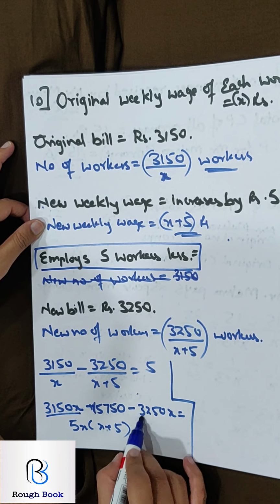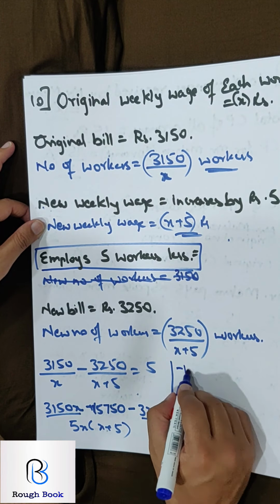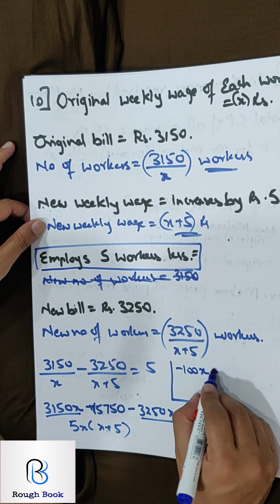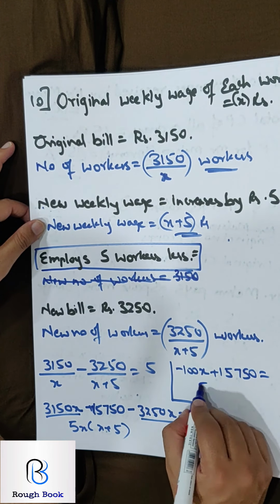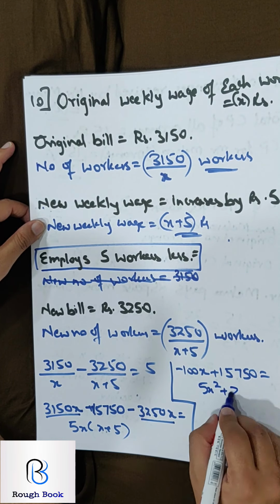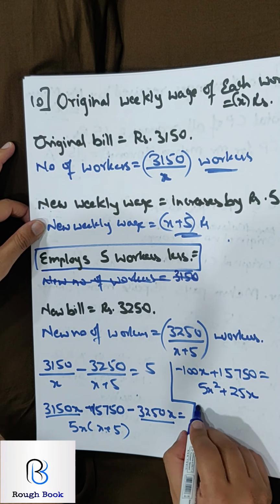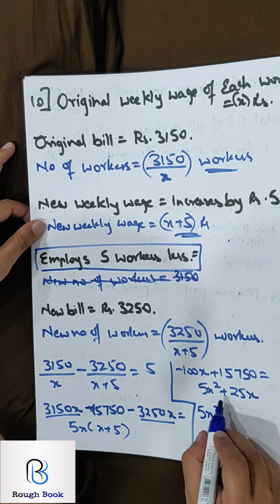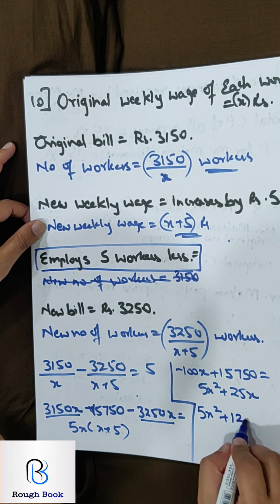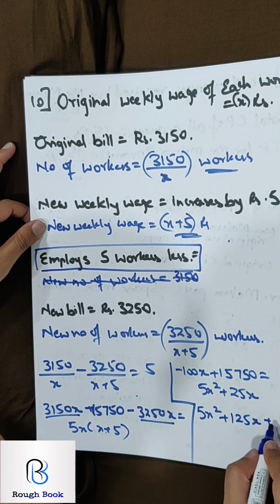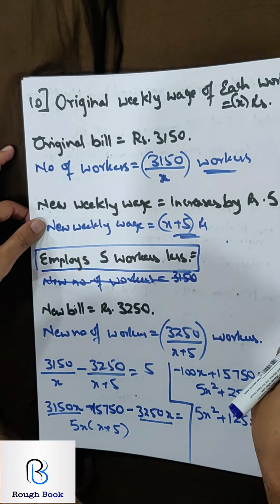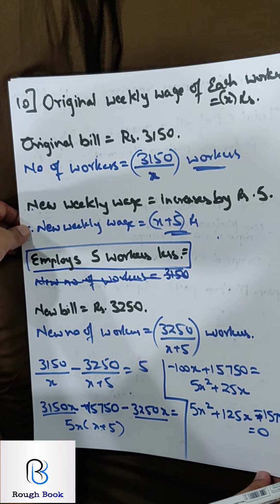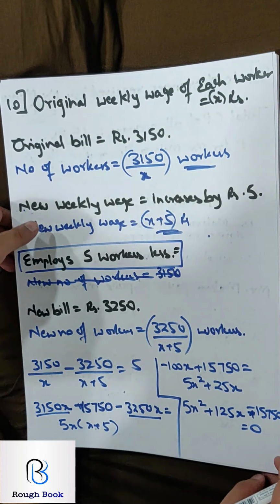So 3 1 and this will give me minus 100x plus 15,750 equals 5x square plus 25x. So my final equation, 5x square, this coming here, so 125x minus 15,750 equals 0. Are you able to see this in the video? Oh sorry, yeah, now can you see?